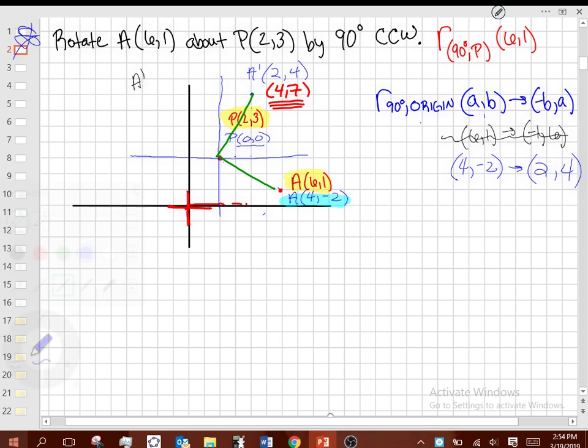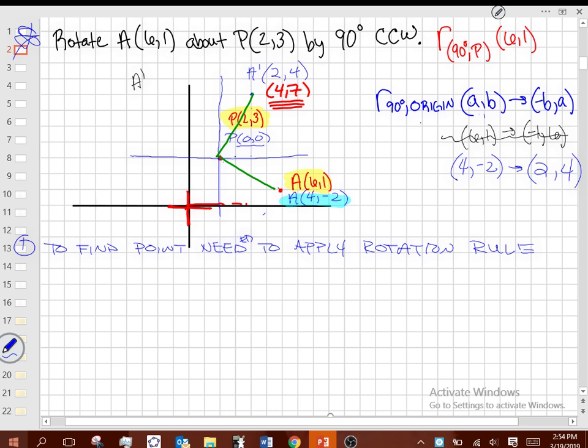All right, so the steps here. All right, so first thing here, step 1. In order to find the point needed to apply the rotation rule, this is the way we're going to go through this.